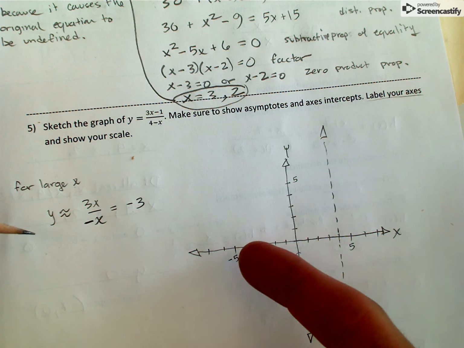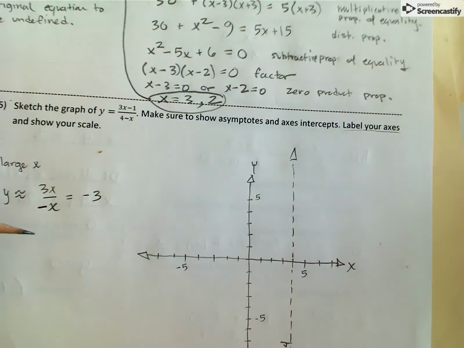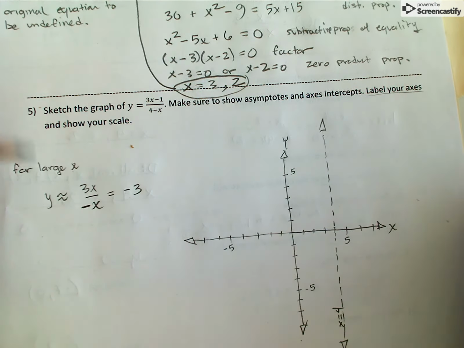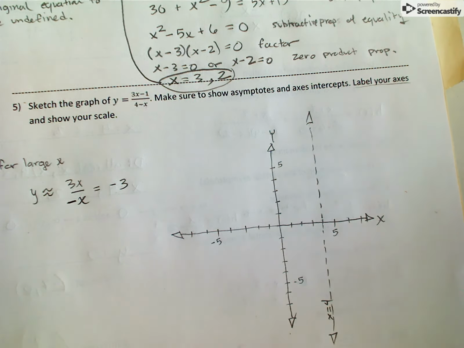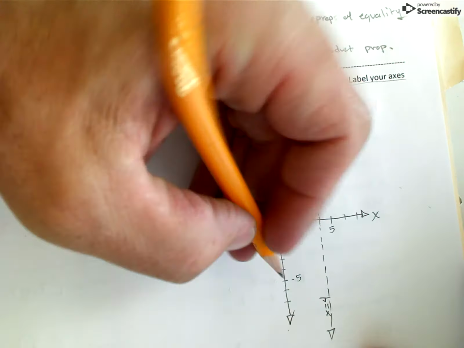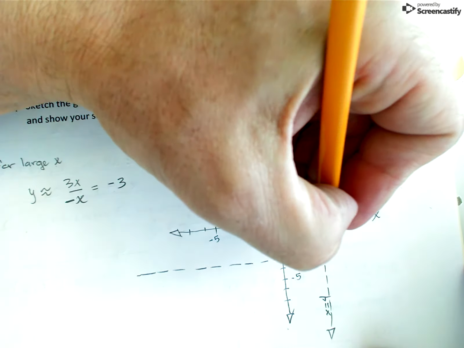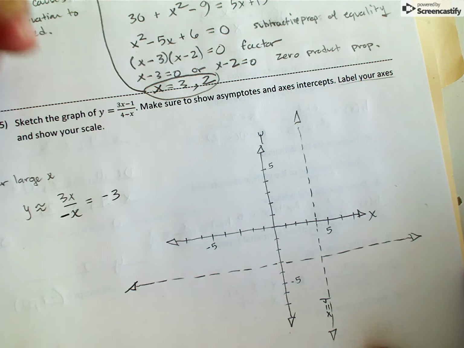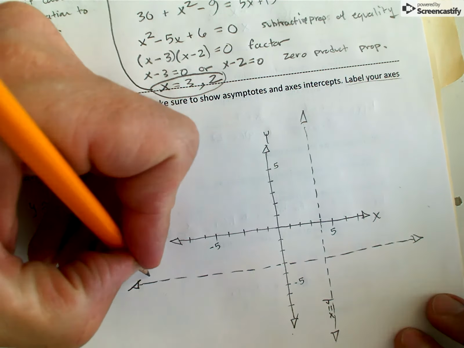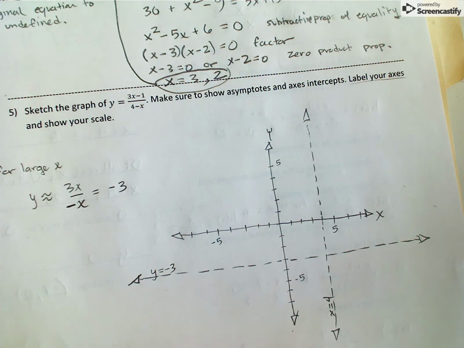So whether I'm going all the way to this end of the graph or the other end of the graph, this function approaches y equal to negative 3. So let me go to 1, 2, 3, negative 3 here and draw my horizontal asymptote right there. Okay, and I'll label that y equals negative 3. That's my horizontal asymptote.